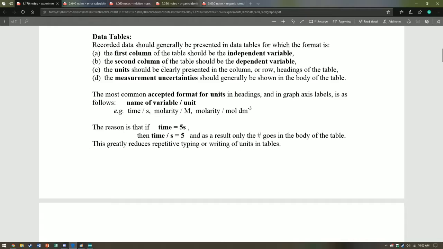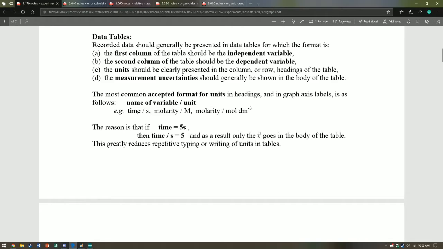The most common expected format for units in headings and graph axes is as follows. When you label your axes on your graphs and headings, you generally go name of variable / the unit you're measuring it in.